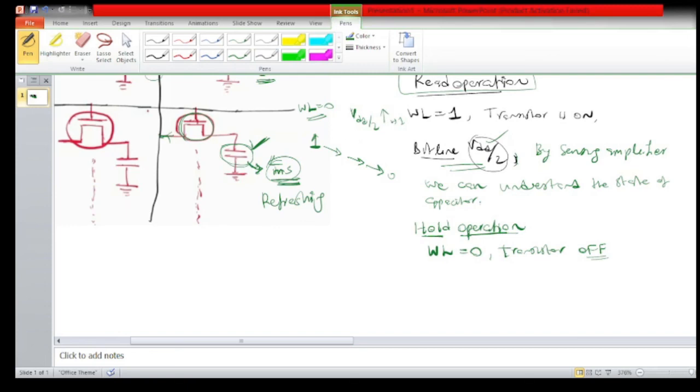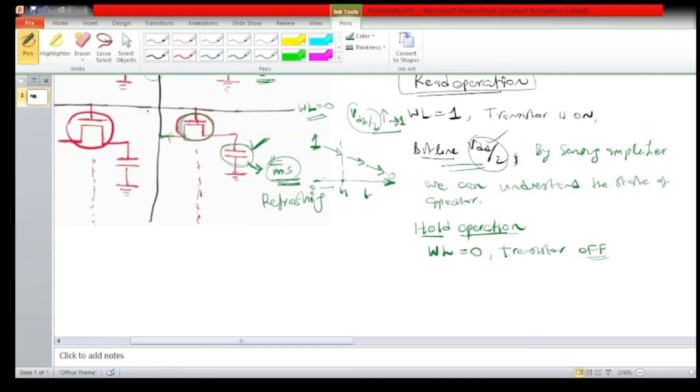So if it is above VDD by 2, or some 3 by 2 of VDD, something like that, and you are considering it as a 1 in the high state, then up to this time, if you consider this from 1 to 0, it will take this much time, let's say t1.